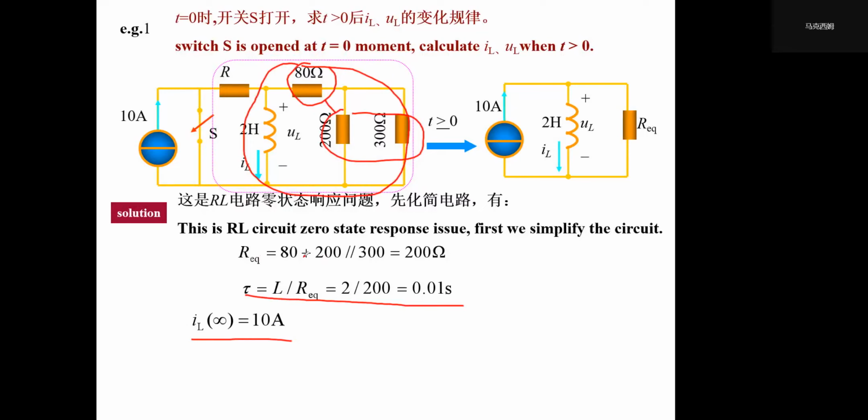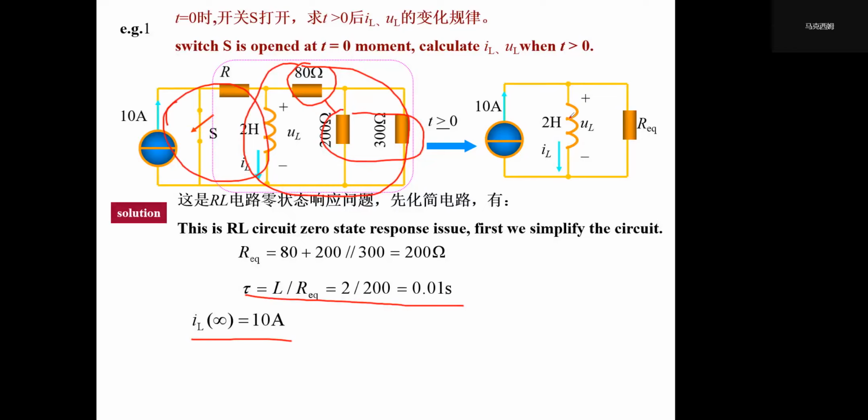And we know that eventually the current will reach 10 ampere, because the inductor behaves like a wire eventually. So in this loop, there's only the equivalent resistance and the inductor.